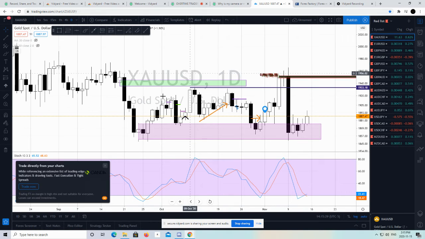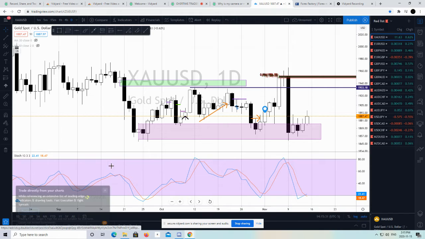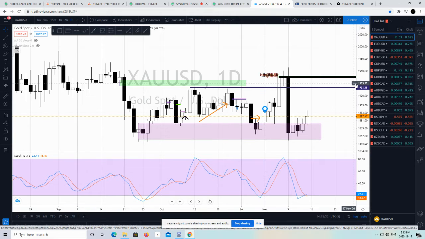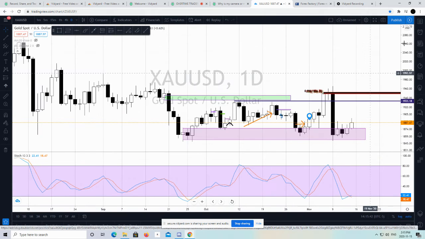So let's get on to the charts here. Basically, here, I'm looking at gold. Last week, gold took a dip, and it came back up to the 1887 mark.